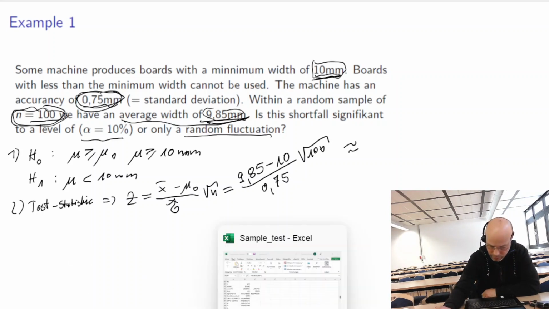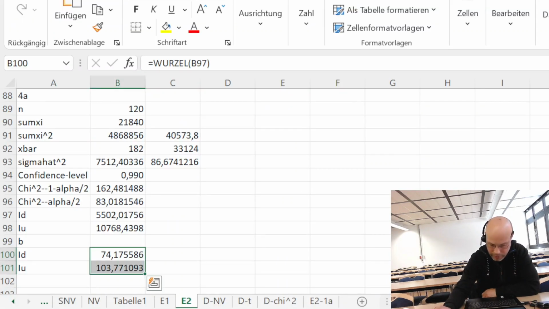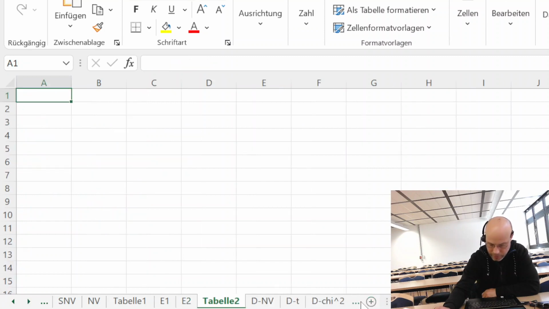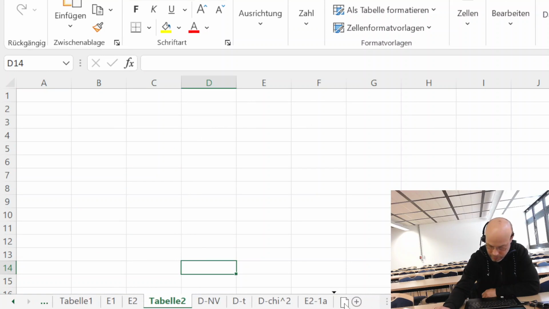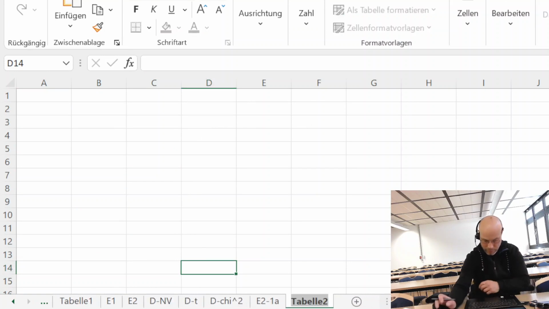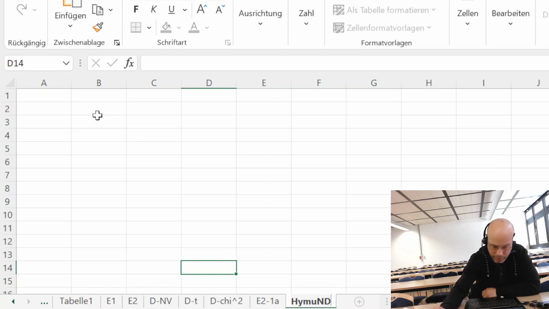You can take, of course, also a calculator. I will do it within Excel. So this is hypothesis testing for mu and normal distribution, I call it.